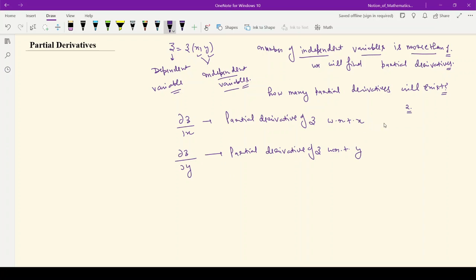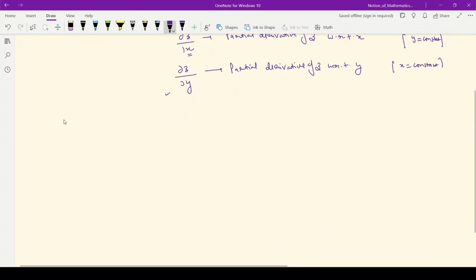But one more condition will coexist there: when we are finding the partial derivative with respect to x, y will be constant, and when we are finding the partial derivative with respect to y, x will be constant. So I would like to elaborate it a little bit more with the help of one example.